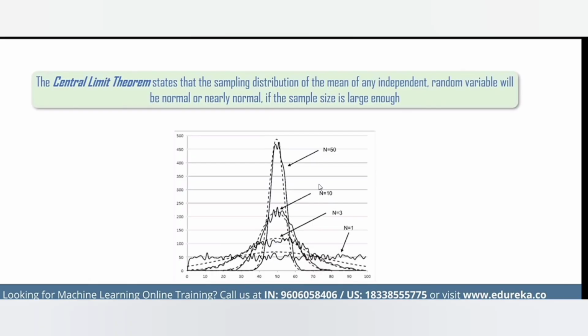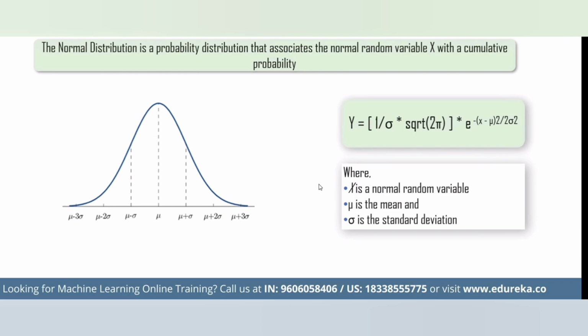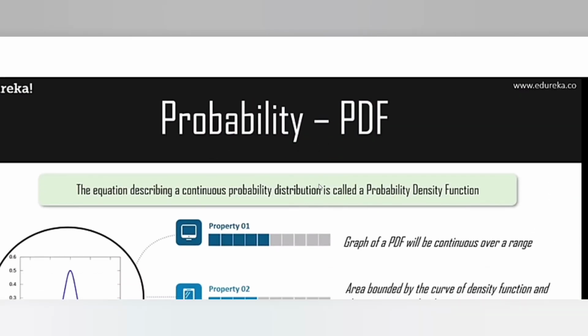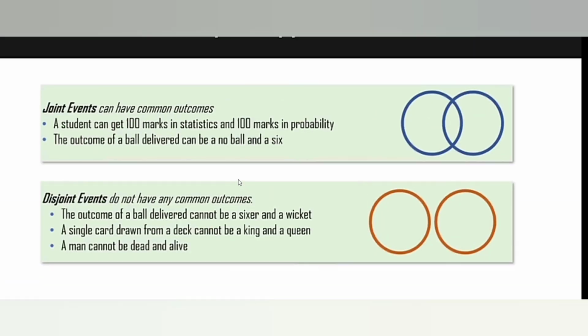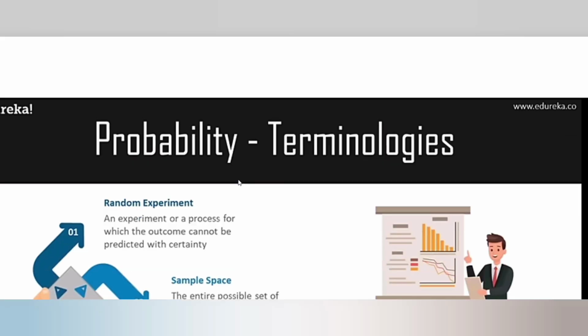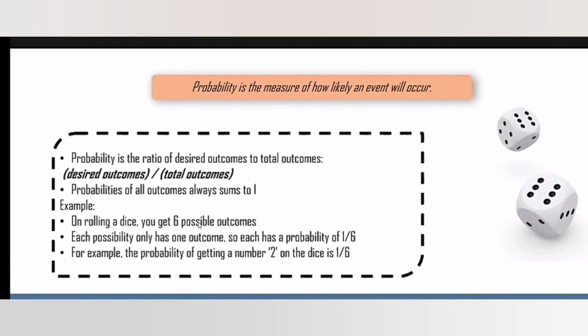Then normal distribution, central limit theorem, mean and standard deviation, and the PDF, the probability distribution function from A to B. And the next thing is types of events, like single, joint and disjoint events. Terminologies: random experiment, sample space, event. You have to remember all these terminologies, and this is probability.